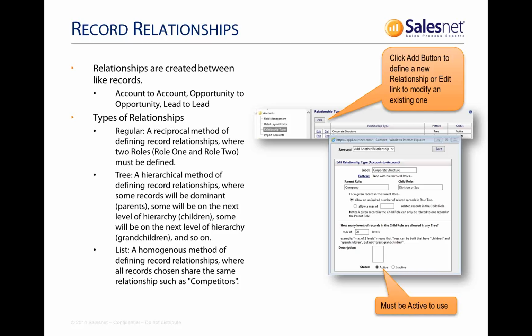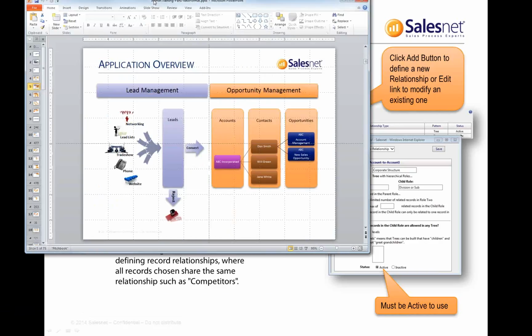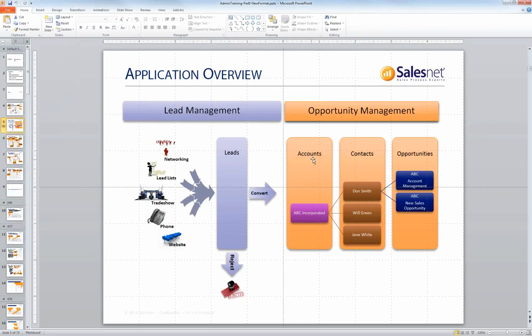We had a screenshot early on in our presentation that showed the concept of our data being linked together, right? So if we look at how we build accounts, contacts, and opportunities in Salesnet, we can see that different types of records are linked to one another.